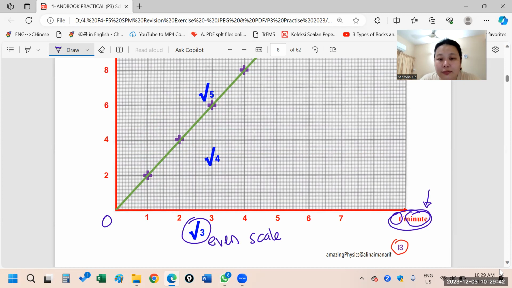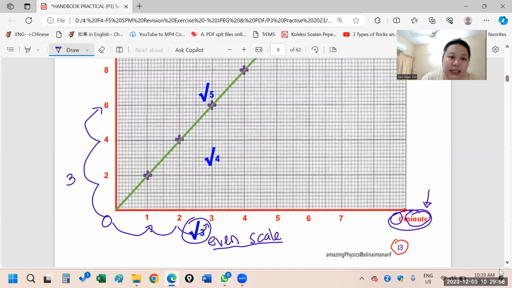Okay, so now even scale. Even scale means what? Means you start from 1, 2, 3, then 2, 4, 6. Okay, no problem. But you cannot make it as 3, 6, 9, 12, or 7 something, no. Because 3 is an odd number. Odd number divided by 10, you will get 10 grids here, 1 grid is 0.3.